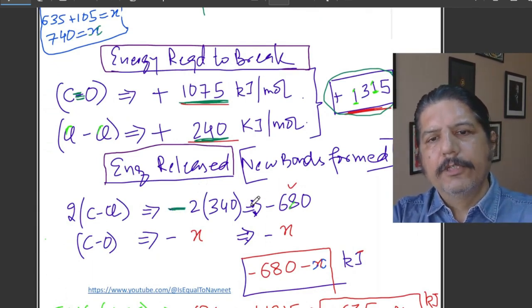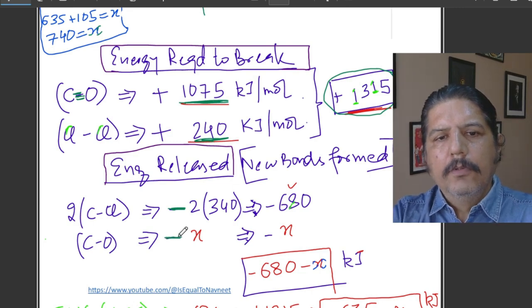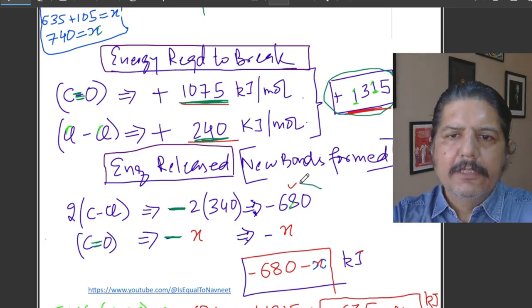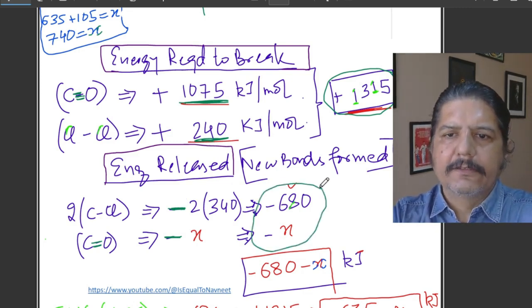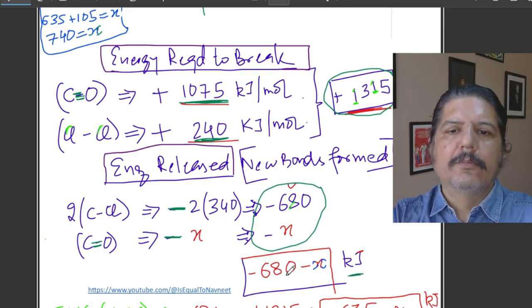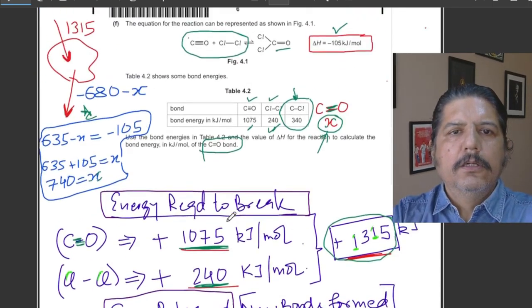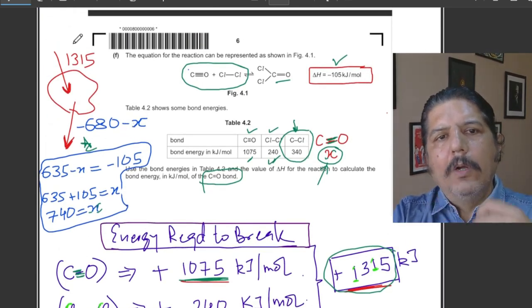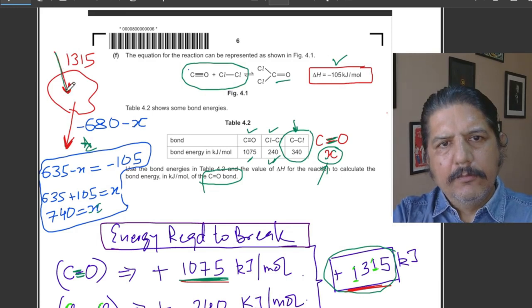So minus 2 into 340, and for C double bond O, the energy released is minus X. The total energy released is minus 680 minus X. The energy given to the system was 1315, and the energy released is minus 680 minus X.